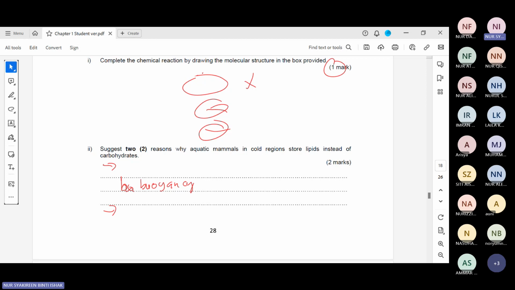So lipid produces more energy, okay, compared to carbohydrates. Okay, it provides more energy lah kalau for lipid. And then another one, because they live in really cold temperature, really cold climate area. So it is useful for insulation, heat insulator, okay, insulation.